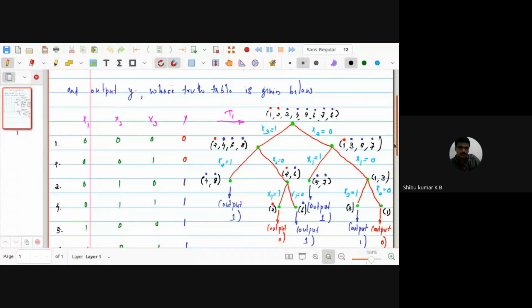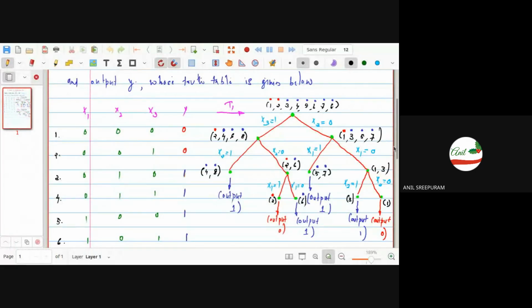Yes. See, what I am showing here is a truth table, which has 3 Boolean inputs x1, x2, x3, and one output y. As you know, for 3 inputs we have 8 possibilities, from 0, 0, 0 to 1, 1, 1. You treat these x1, x2, x3 as your features. These samples are numbered 1, 2, 3, 4 in black color.